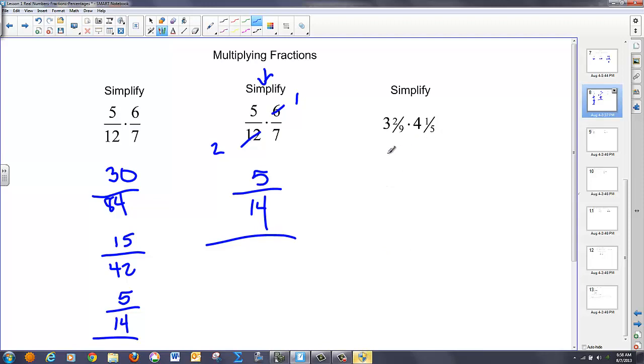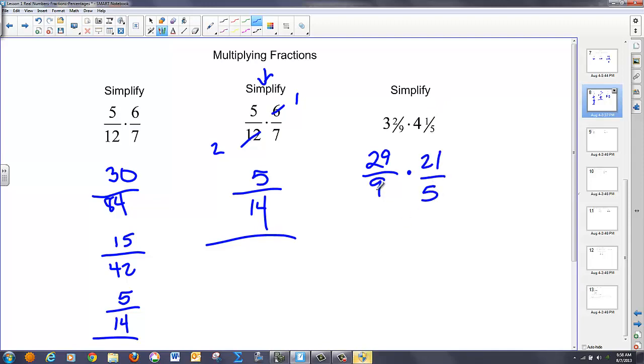Now in this case, when we've got proper fractions, mixed numbers, however you want to call it, what I'm going to do is convert those to improper fractions. So remember, 9 times 3 plus 2 gives me 29 over 9. 5 times 4 plus 1 is 21 over 5.